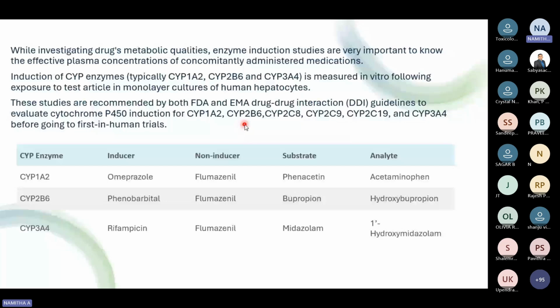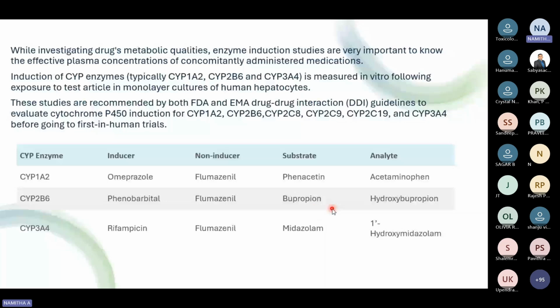Substrate is phenacetin and analyte is acetaminophen. For CYP2B6, the inducer is phenobarbital, flumazenil is a non-inducer, the substrate is bupropion and the analyte is hydroxybupropion. For CYP3A4, the inducer is rifampicin.